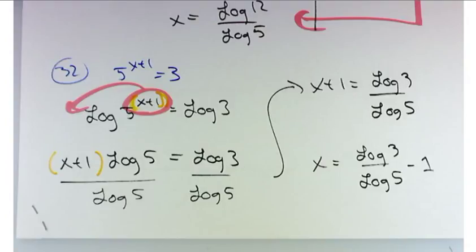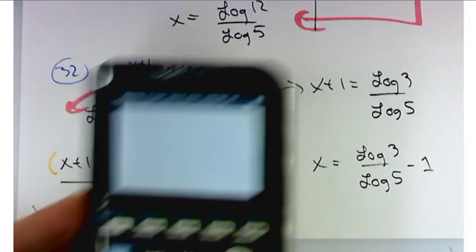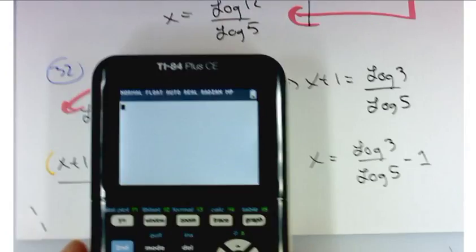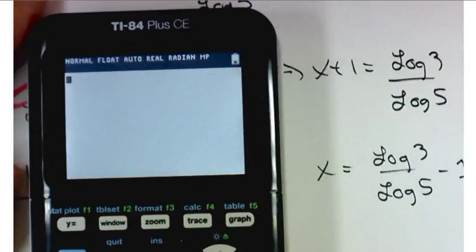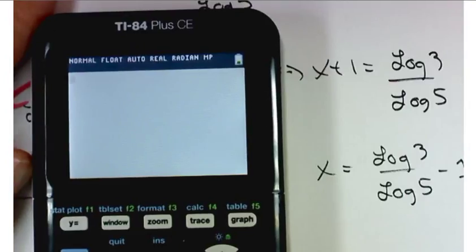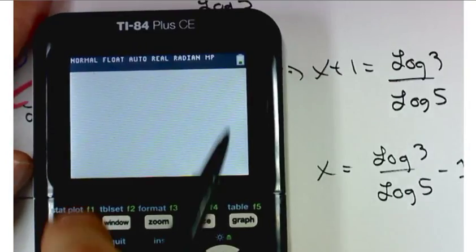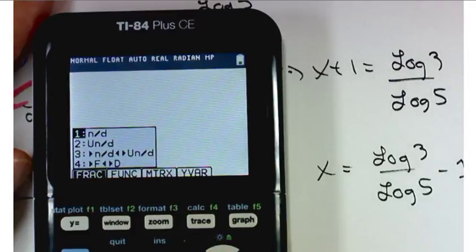Now, for some problems on the test, I might just ask you to calculate an expression like this to say, hey, tell me what decimal value you get. So go ahead. See if you can't get a decimal value for that. I'm going to use the fancy-dancy capabilities of this calculator and hit the alpha key, then the y equals key, then press 1.